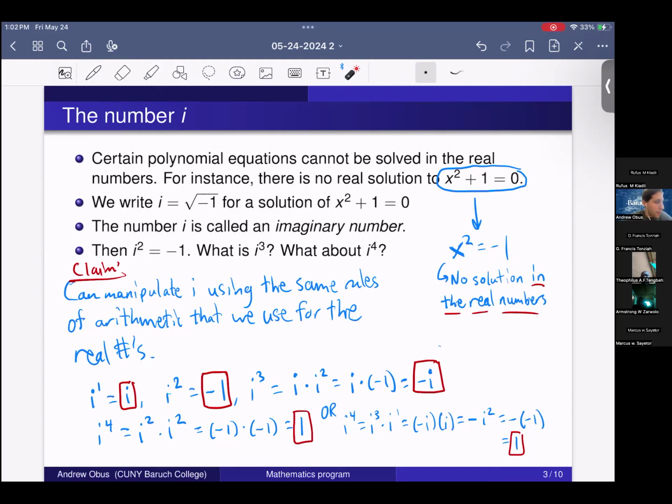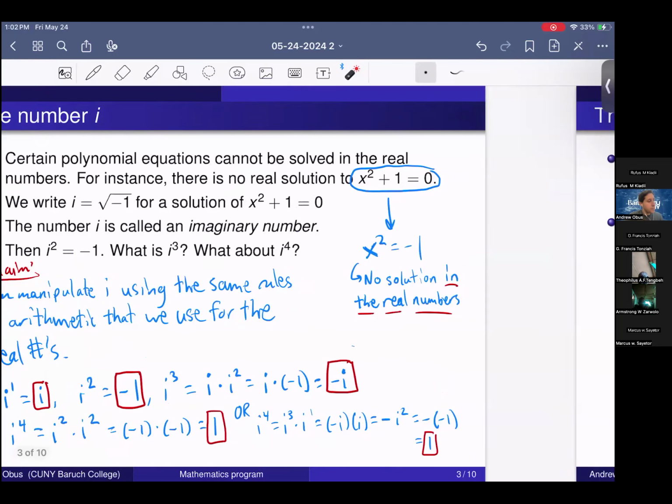But I'm going to save the applications for next time. For now, we're going to try to get comfortable with what these numbers are and how they work. All that we know about the number i so far is that it's a square root of -1, and you can raise it to various powers and get various answers.